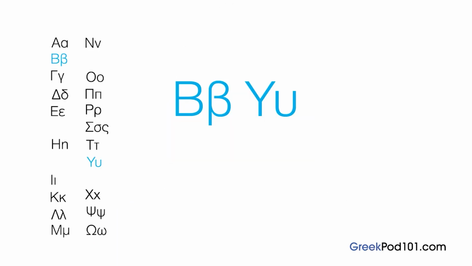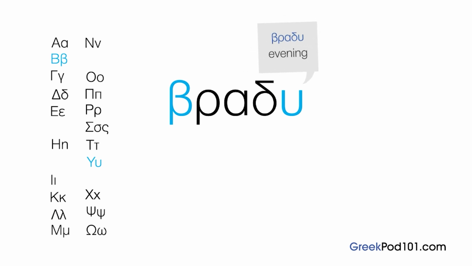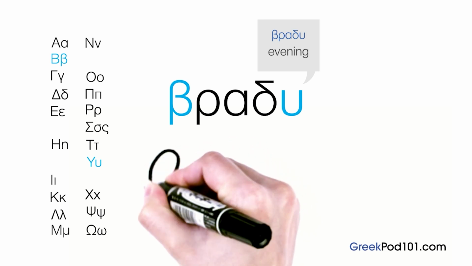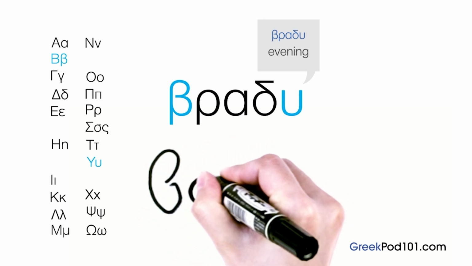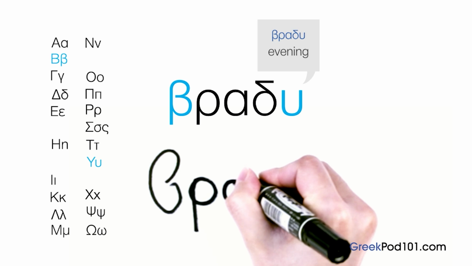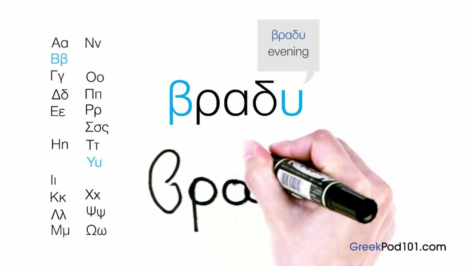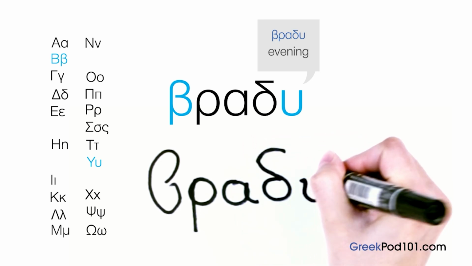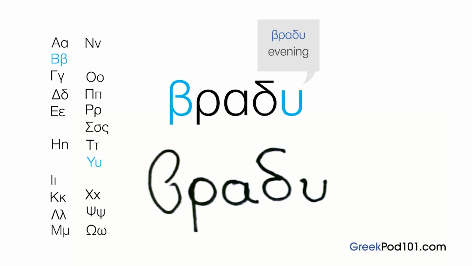One easy everyday word that uses both of them is vradi, the Greek word for evening. Shall we write this together? Vradi. Not that hard, right? How about something else?